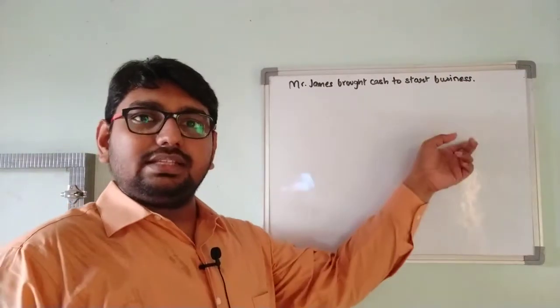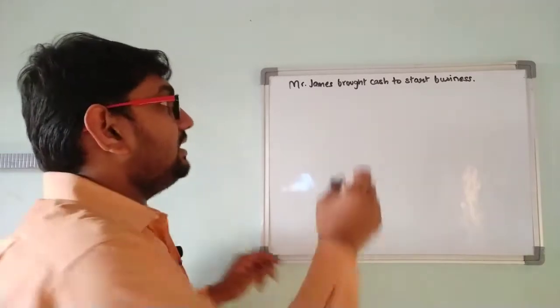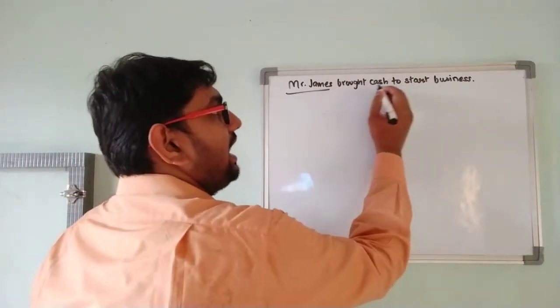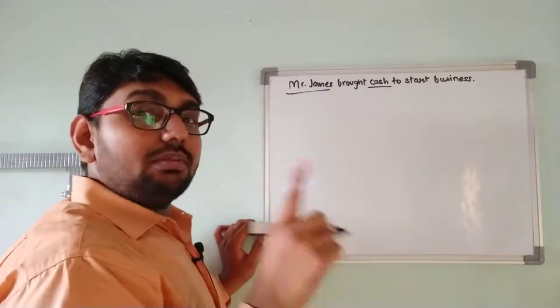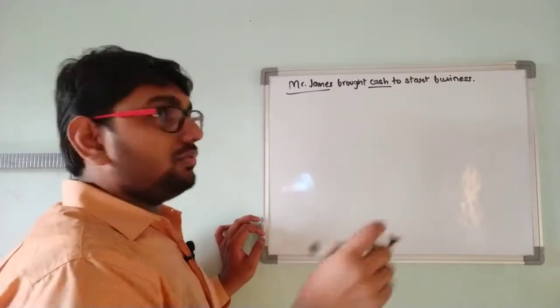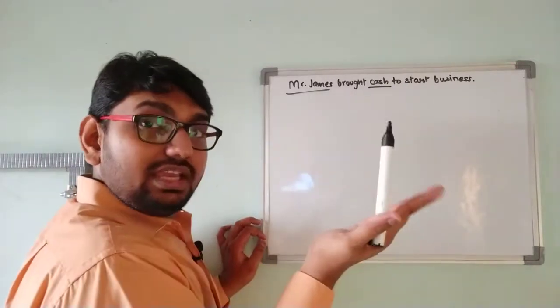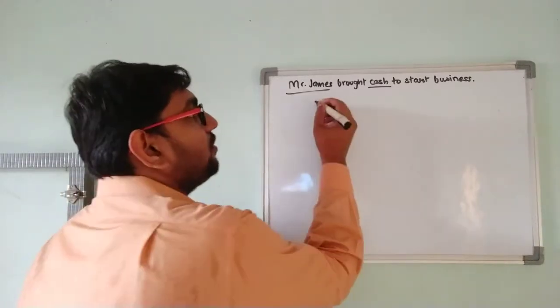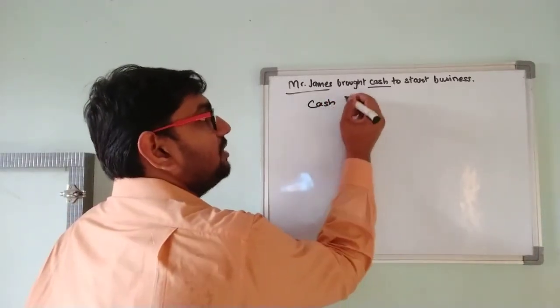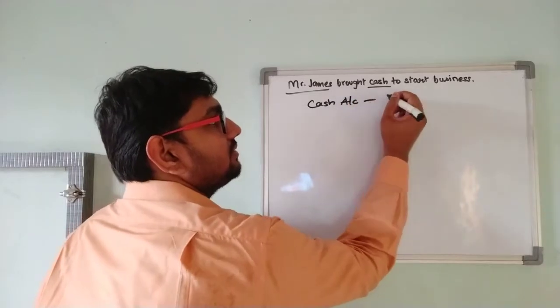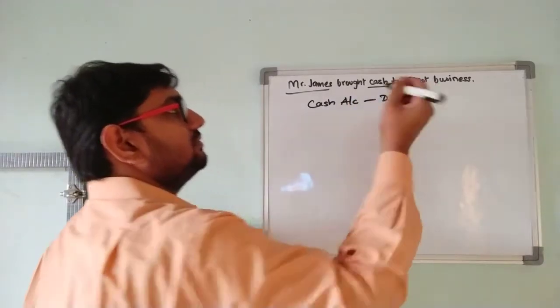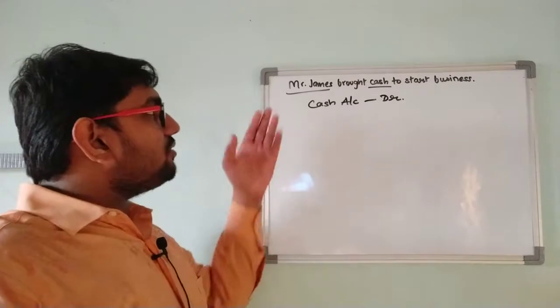Now in this sentence, I can see two important things, that is Mr. James and cash. So from the business organization point of view, this cash is coming in my business, right? So I am going to debit the cash account because debit what comes in. And obviously, who is the giver?